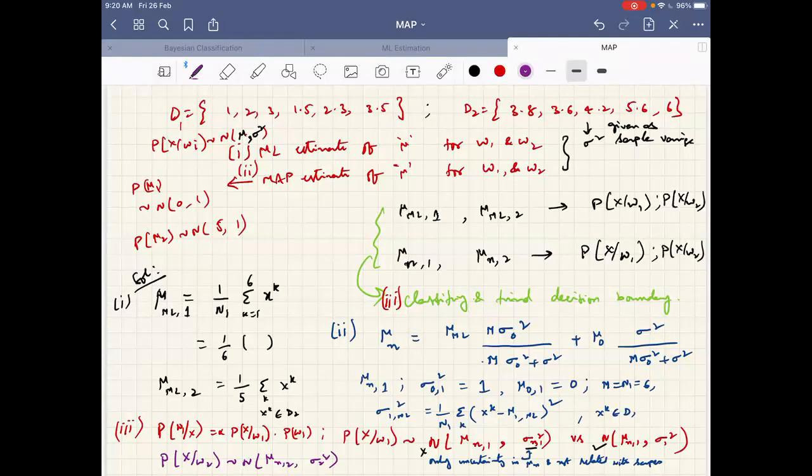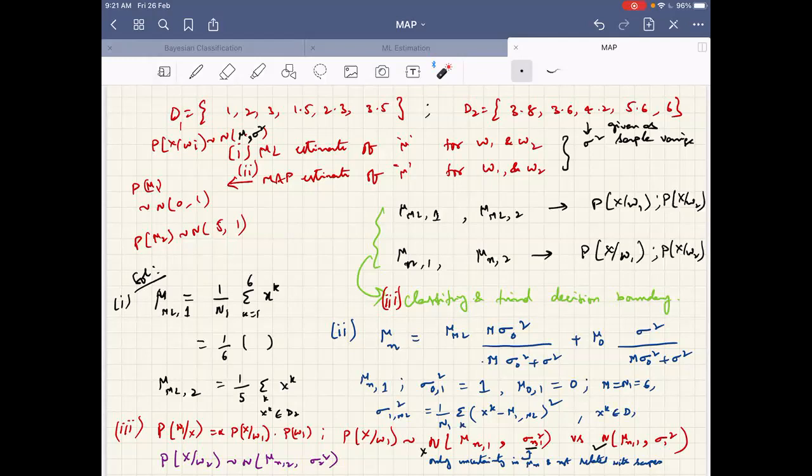If I ask you to do classification, the decision boundary by ML estimate, then instead of mu n you will put mu ML and variance sigma 1 square. Otherwise mu n and sigma 2 square or sigma square. Is this clear or not? Once you have this, you will be able to do the decision boundary and all these things. Correct?